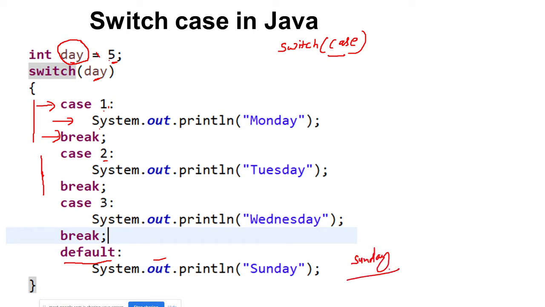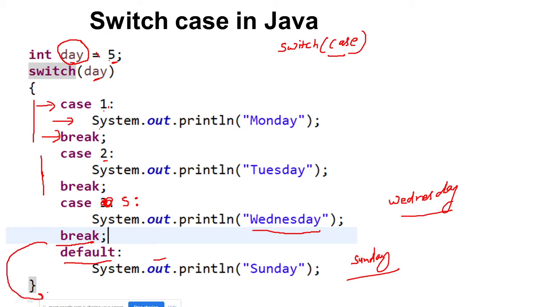Okay, if in place of this case 3, suppose there was case 5, then it would run this line, and the output would be Wednesday. And after that it finds break, so it will come out of the switch case.